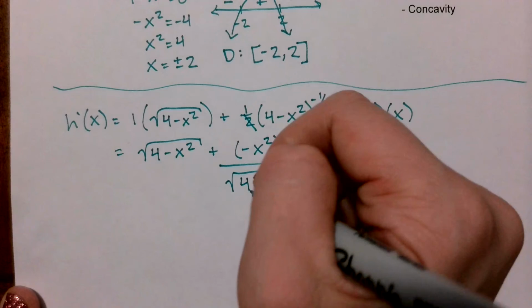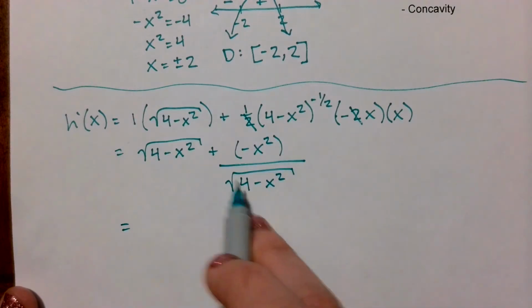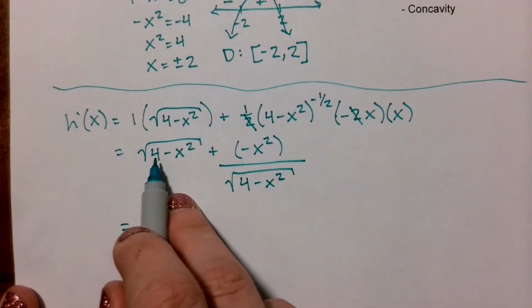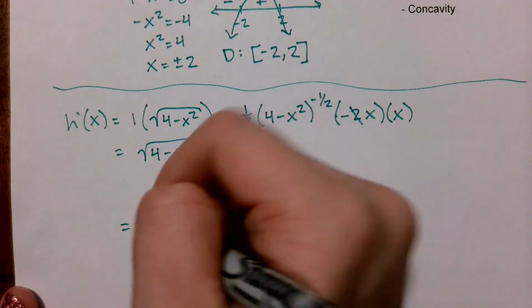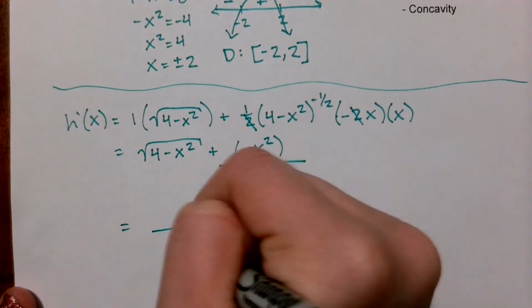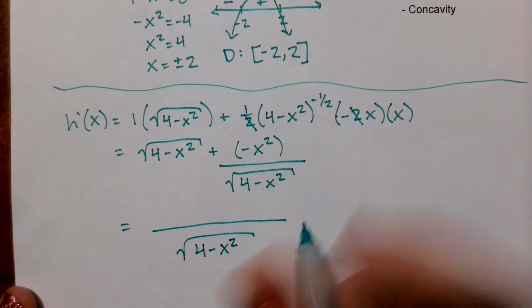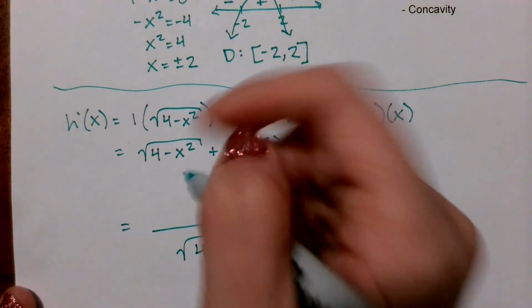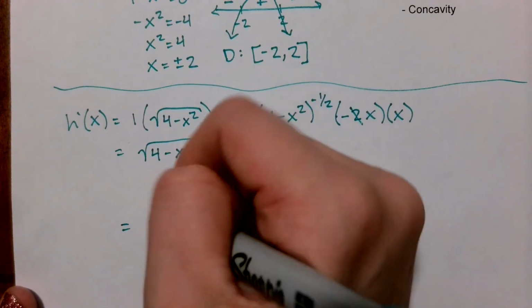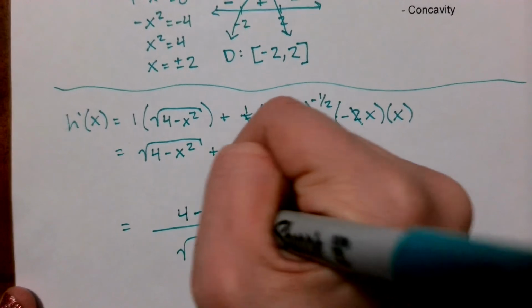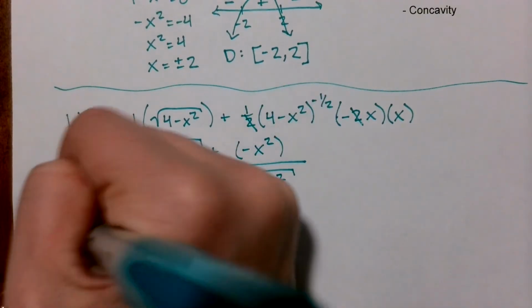And then when we're combining, getting a common denominator, I need to multiply this by the square root of 4 minus x squared, which means that is now just 4 minus x squared, and then we have minus x squared, so a 4 minus 2x squared. So this is my h prime.